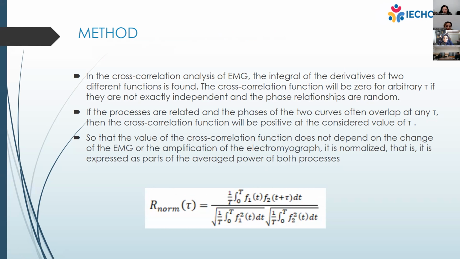As a method, I use cross correlation, which is a widely used approach because cross correlation shows the relation between signals. If these signals are pairs from the same muscles, we think that this approach will show us a very correct result from these signals.